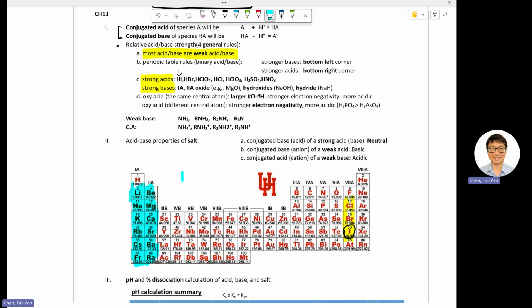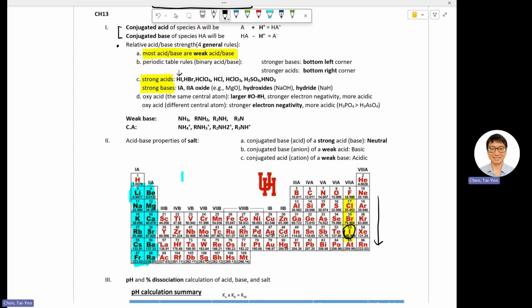I think it's very easy to draw the colors on your periodic table, right? Then you can immediately know whether you have a strong acid or strong base. And after you understand what the strong acids and strong bases are, you go back to this periodic table.